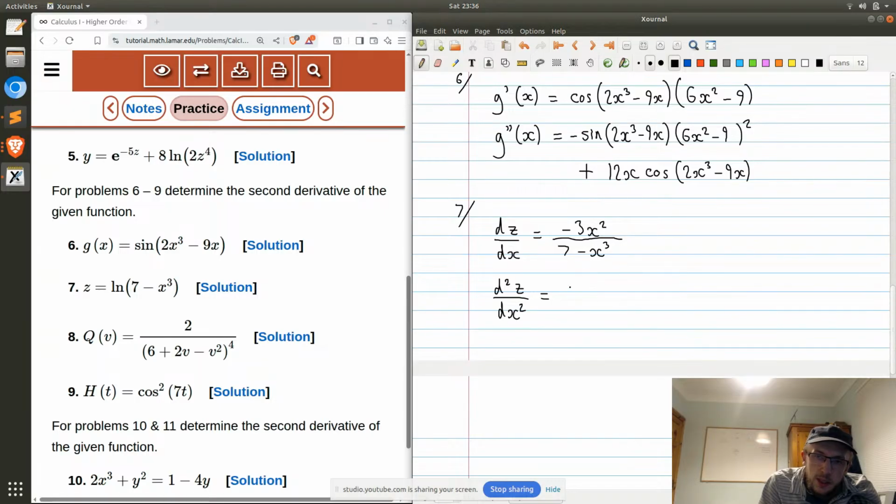So f prime. Cool. You know what? Maybe I should consider what higher order derivatives of the natural logarithm are. You know, because there's obviously a pattern here.